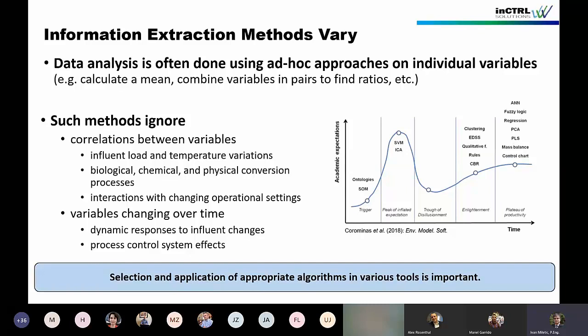Ad hoc approaches, like calculating a mean or looking at pairwise correlations between variables, can be useful, but only in a limited sense, at least in my opinion. So what I would suggest is that you think about the methods on the right-hand side of this chart, especially PCA, PLS, maybe these neural network ideas that look at correlations between variables explicitly and how variables work together to provide a certain process outcome. All right.